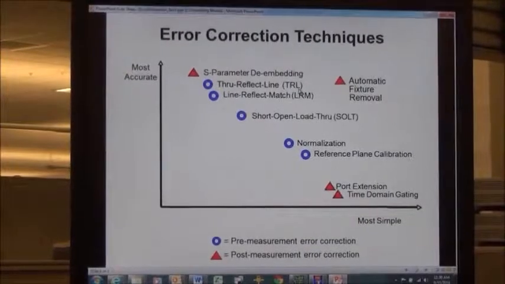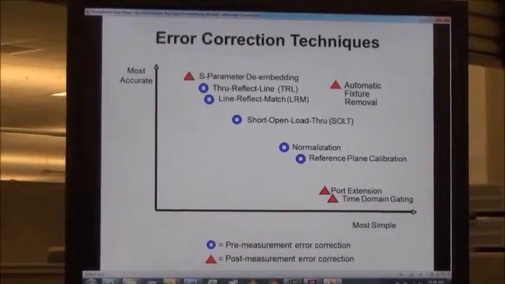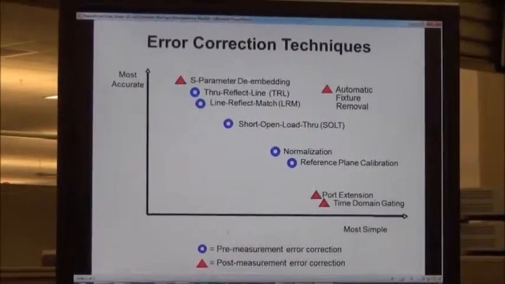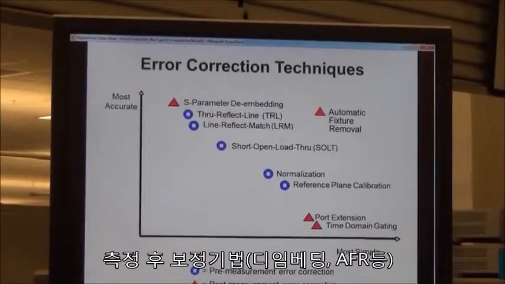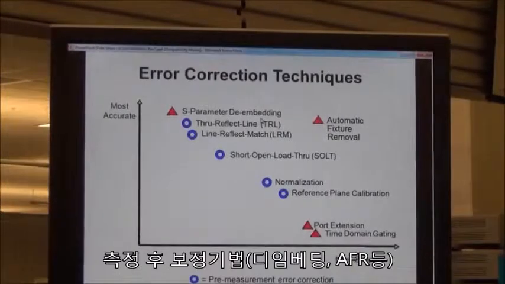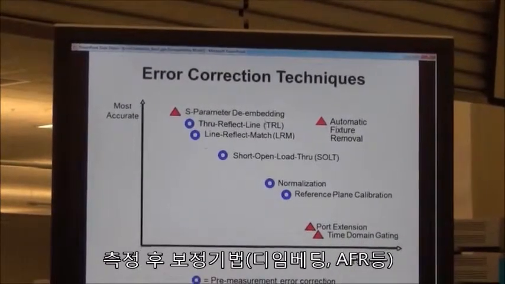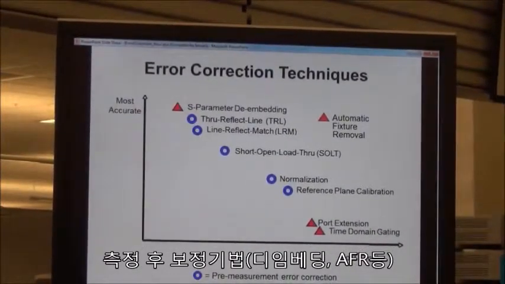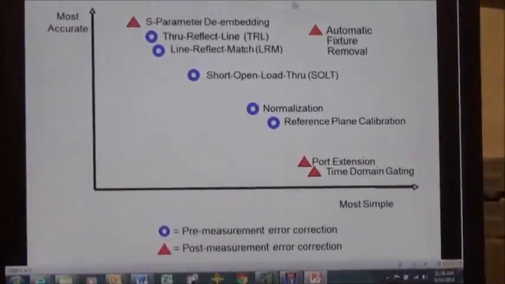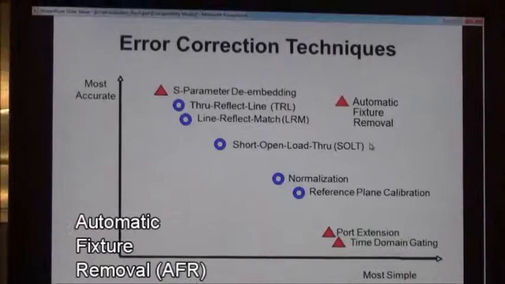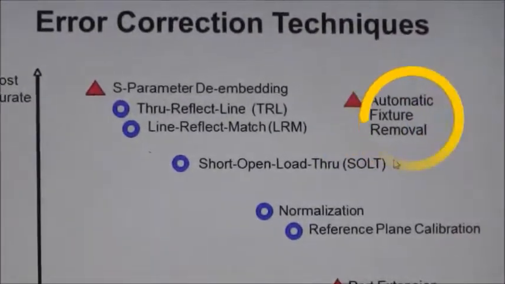This is all what we call calibration or pre-measurement error correction. With the red triangles, we have post-measurement error correction: de-embedding. Once you have the S parameters of the structure you want to remove, you can do de-embedding, port extension, time domain gating, and then the new game in town is called automatic fixture removal, or AFR, and that's what we're going to show today.